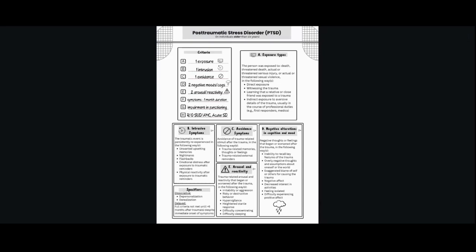Also, when I say overly negative thoughts or assumptions about oneself or the world, or exaggerated blame of self or others, this is taken from a framework that we use in EMDR, where we target the negative cognitions that are the most prominent that a person takes with them.